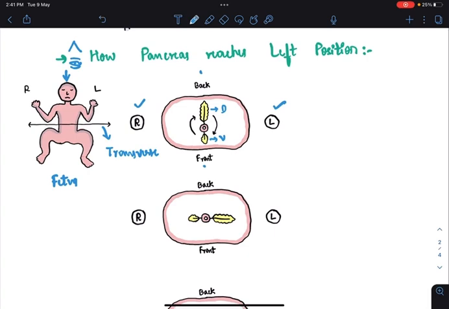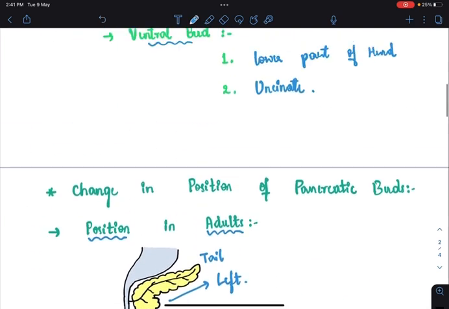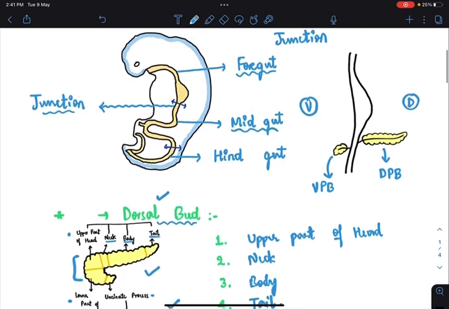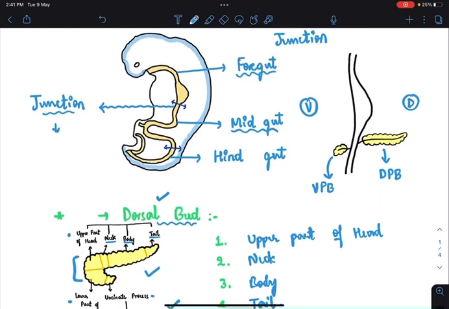What happens is there is clockwise rotation of the duodenum. See, I told you before, the two pancreatic buds originate at the junction of foregut and midgut, and you can also say they originate from the second part of the duodenum, the future duodenum.